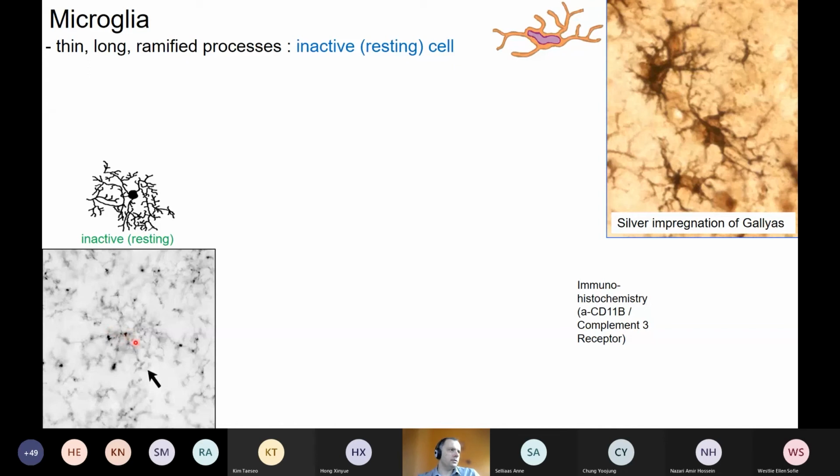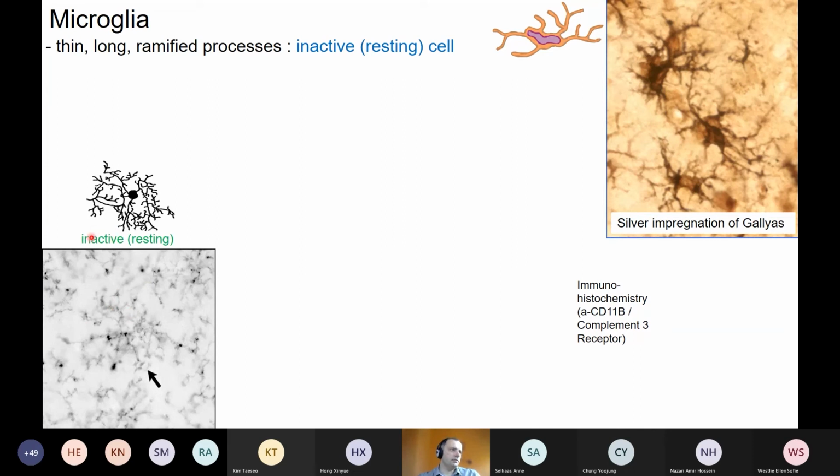If you stain them, you see a very, very small cell body with extremely long, very tiny and multiple times ramified processes, which will form a certain framework or a certain network inside the volume unit of the brain.